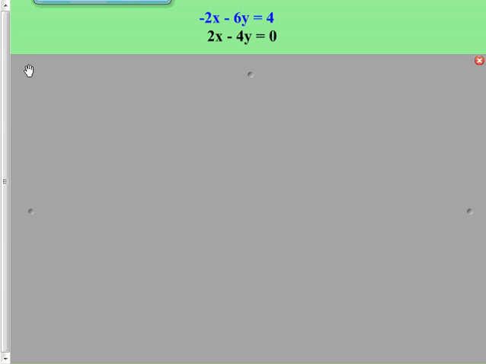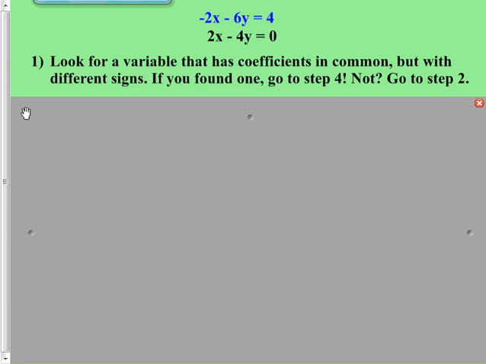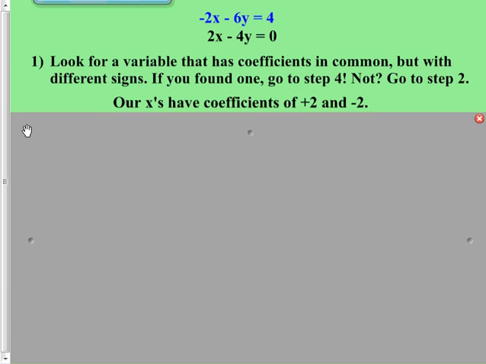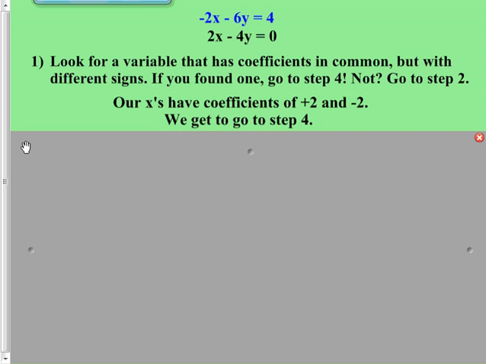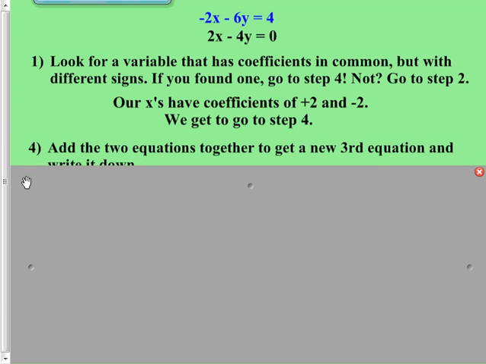Now that we think we have this, we're sent back to step 1. Look for a variable that has coefficients in common but with different signs. We believe we now have it, -2x and +2x. So we can go on to step 4. Step 4 said to add the two equations together to get a new third equation and write it down.